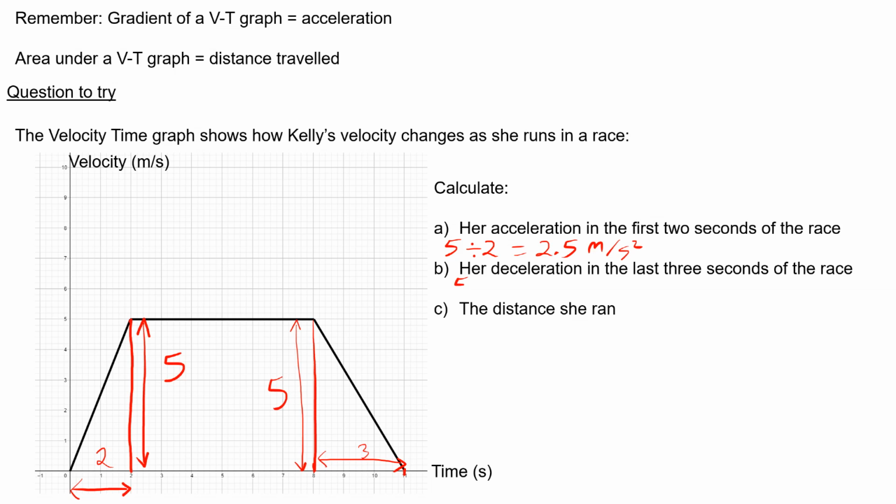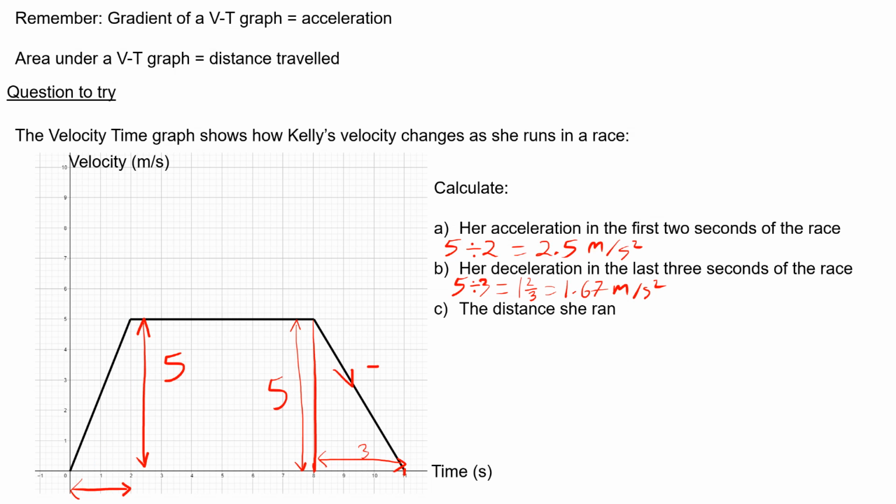So the deceleration, at least in terms of an absolute value, is 5 divided by 3, which is going to be, 3 into 5 goes 1, with the remainder 2. So it's 1 2/3, which is 1.67 meters per second squared to 2 decimal places. And obviously, because it's sloping downwards, technically this is a negative gradient.